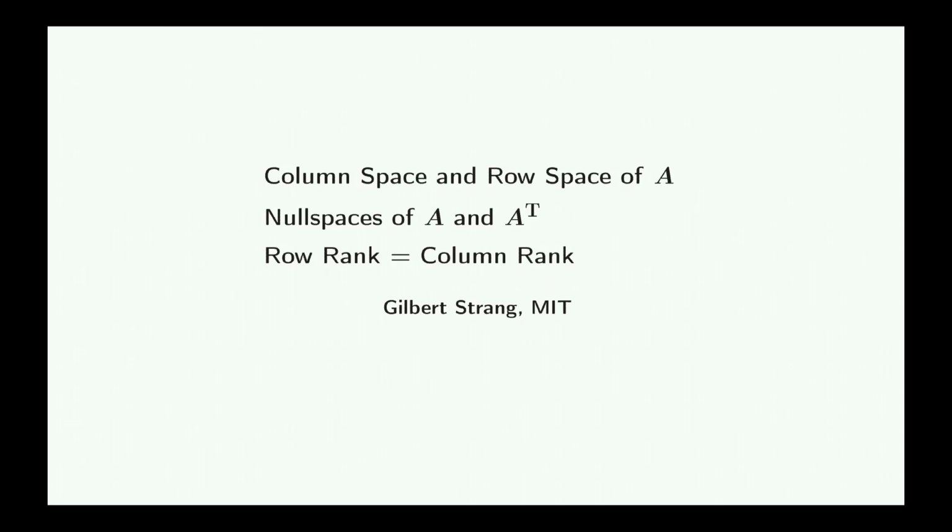So we start with a matrix, and I want to describe its column space and its row space. Those may not be new to you. The null spaces of the matrix and its transpose. That superscript T means that the transpose exchanges the rows, makes them the columns, and the columns become the rows.